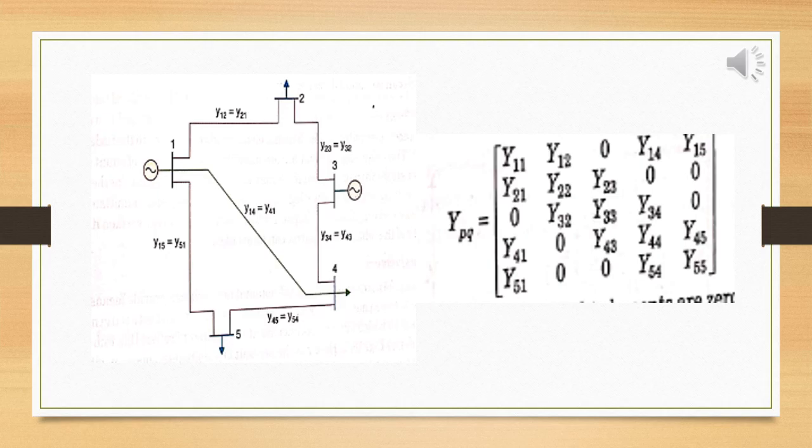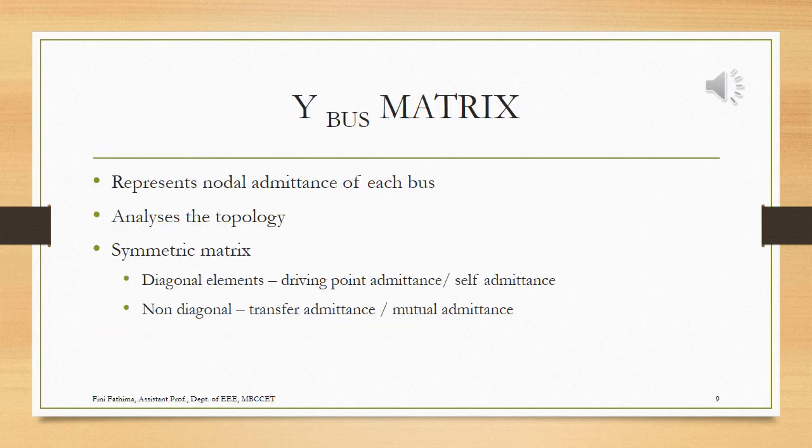Okay, so then we have to conclude what is an admittance matrix. In conclusion, the Y-bus matrix represents the admittance of each bus and it analyzes the topology. Topology means arrangement, whether any element is present in between the buses or not.